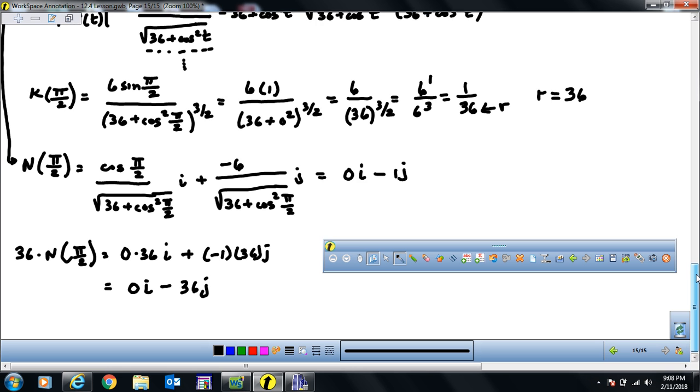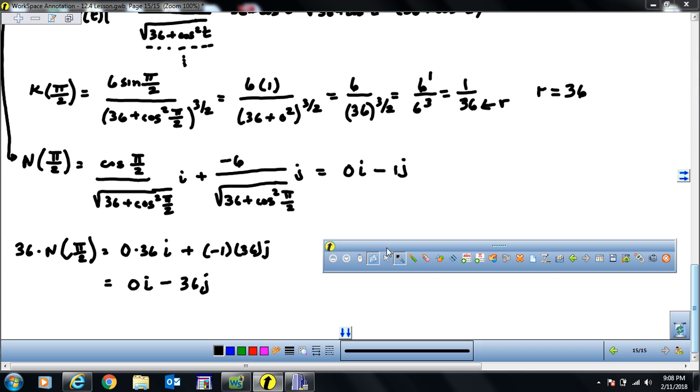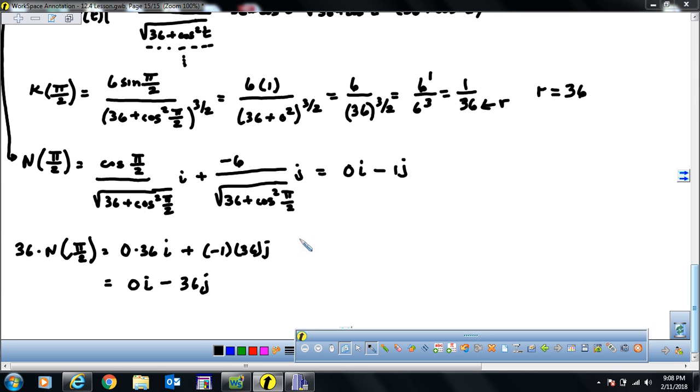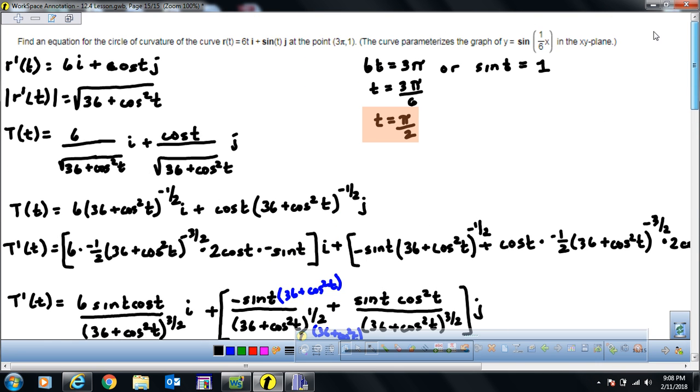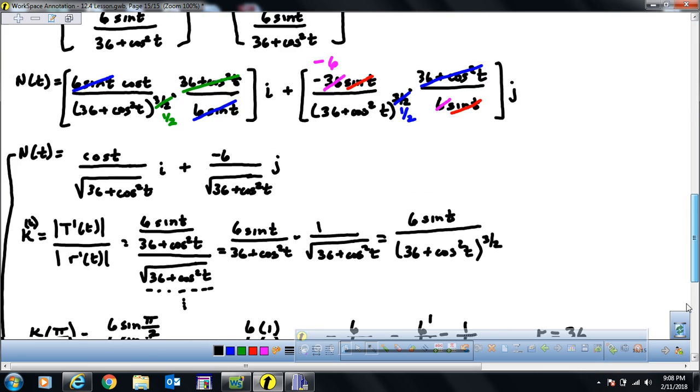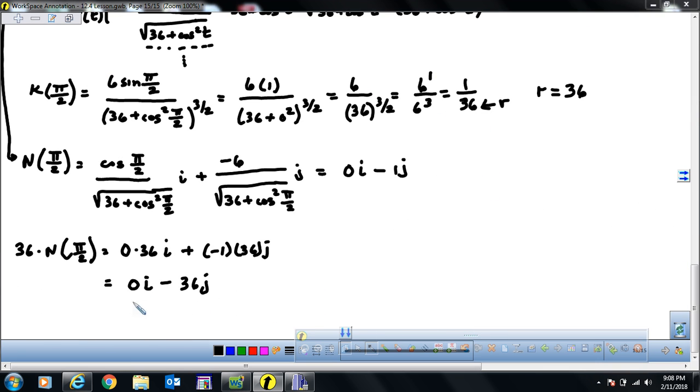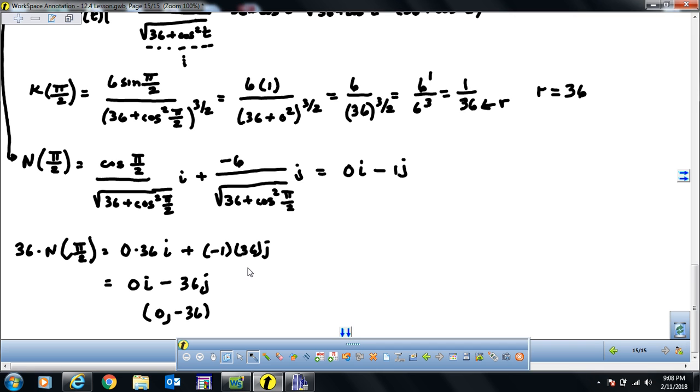But the initial position where we want to find the curvature is at 3 pi comma 1. That's the point. So this is the point 0 comma negative 36. So add those 2 points, and that will give us the center of the circle of curvature.